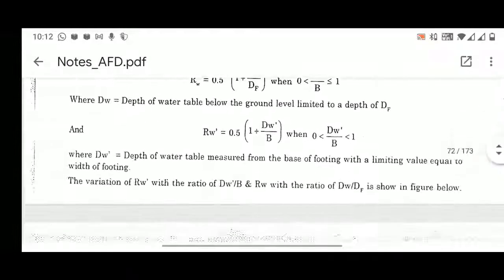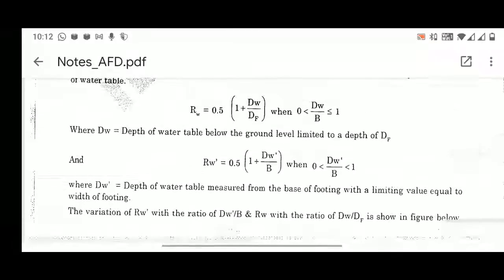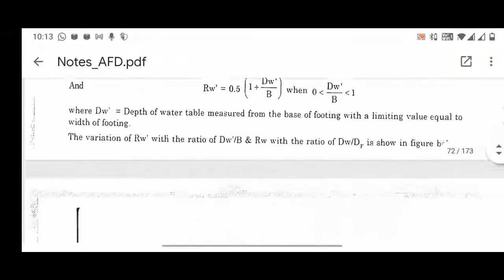This dw dash by B can vary from 0 to 1, but it will not be equal to 0 or 1; it will always be greater than 0 and less than 1. And in the above case, this will not be dw by Df, it will be dw by B only, which is always greater than 0 and equal to or less than 1.